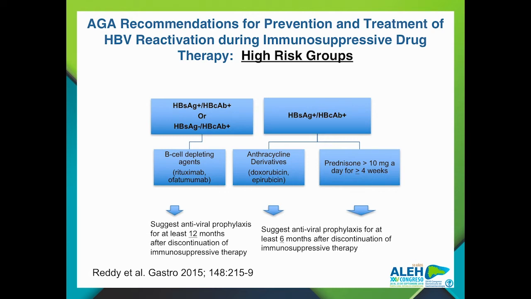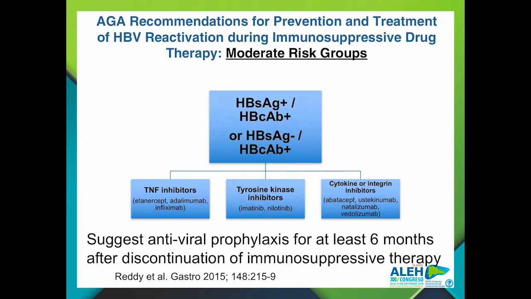In those patients that are surface antigen positive and core antibody positive, or just surface antigen positive, who are getting an anthracycline derivative or who are getting higher doses of prednisone, at least 10 milligrams for more than 4 weeks, need to be started and need to be continued for 6 months after cessation of immunotherapy.